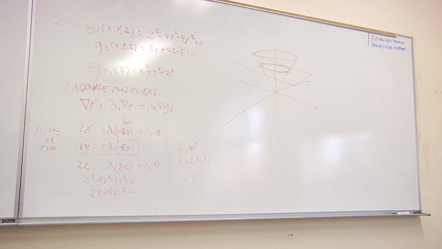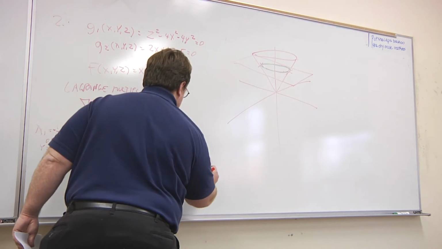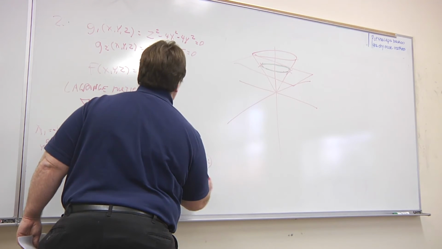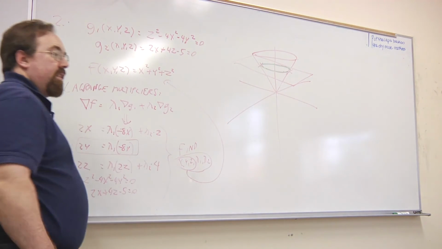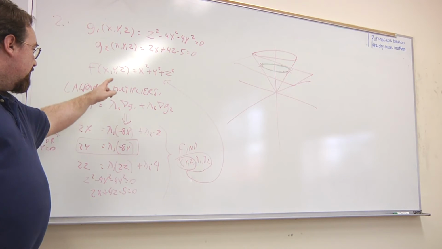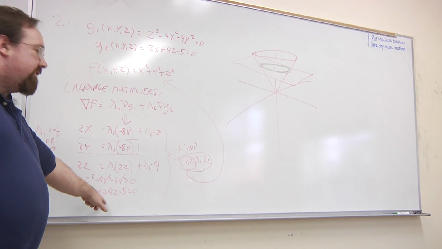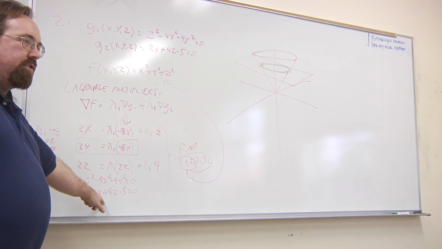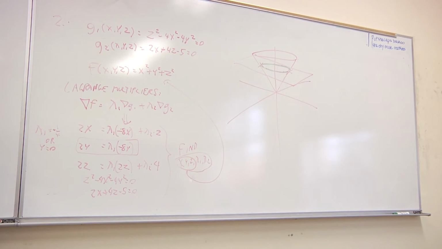No, once you get your solutions, you just take x, y, z and plug them in up here. Plug them into that, because whatever you find will already satisfy these. G1, G2 will be 0.